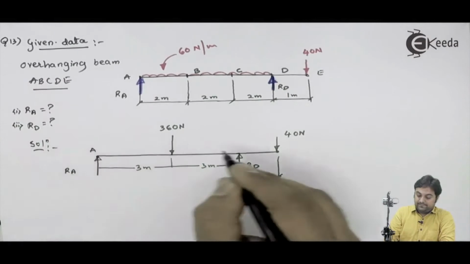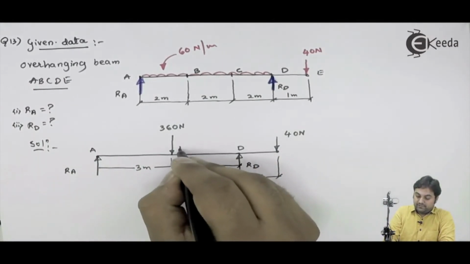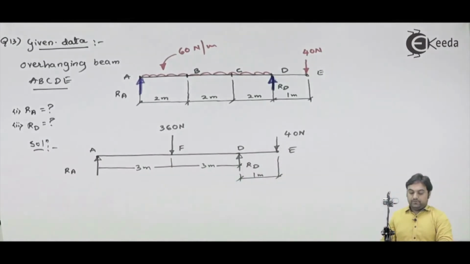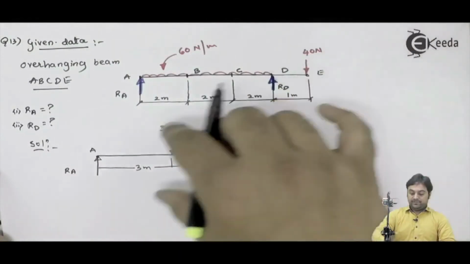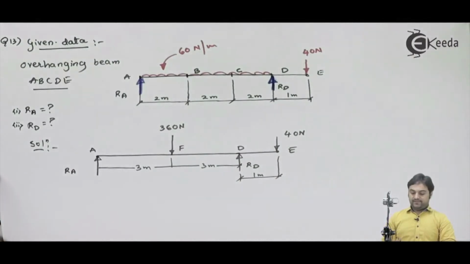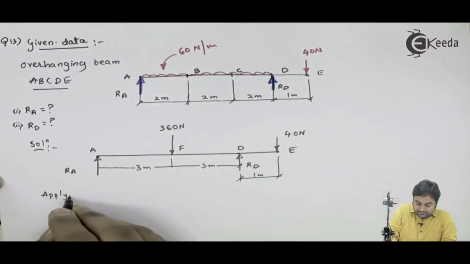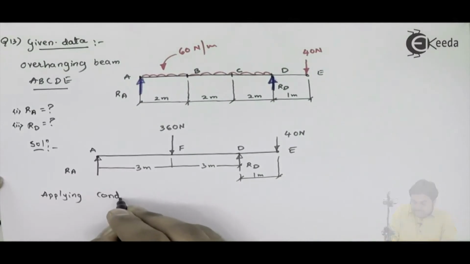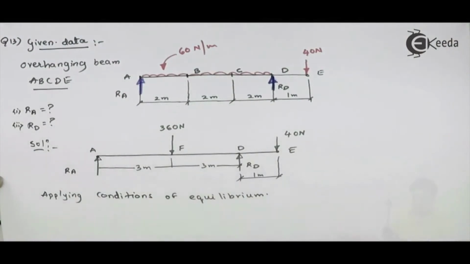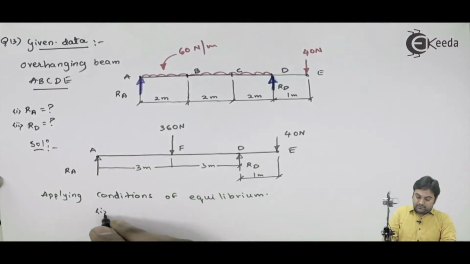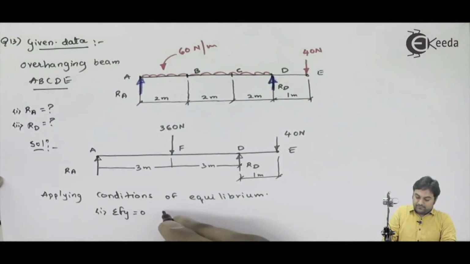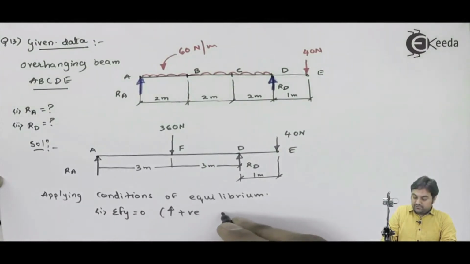I'll call this A, this is D, this another point I'll call F, and here I have E. So I have simplified the diagram into just point loads, and the solution would be similar to what we have solved for a simply supported beam, that is by applying the conditions of equilibrium. Using the first condition, summation of Fy is equal to 0, where all upward forces are positive, all downward forces are negative.